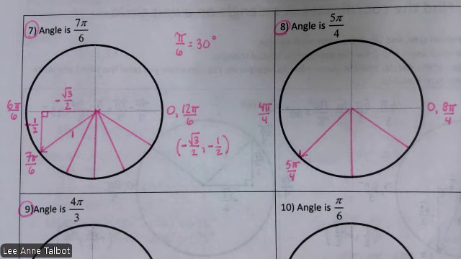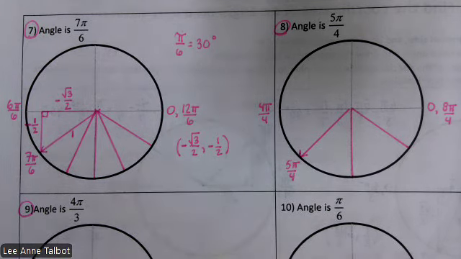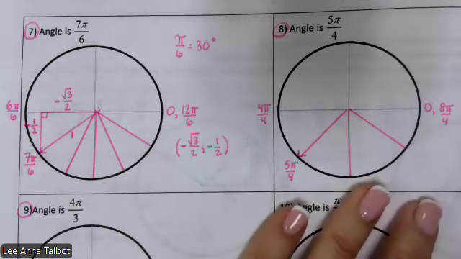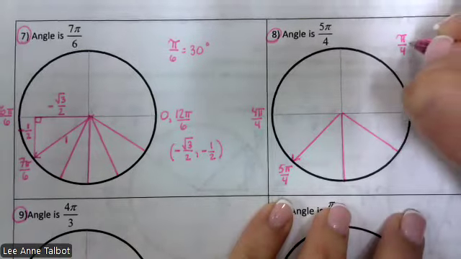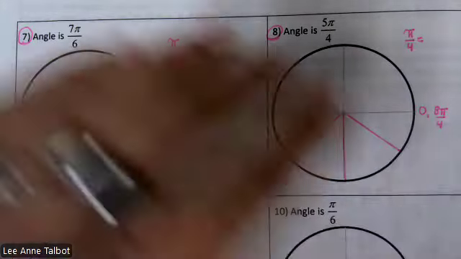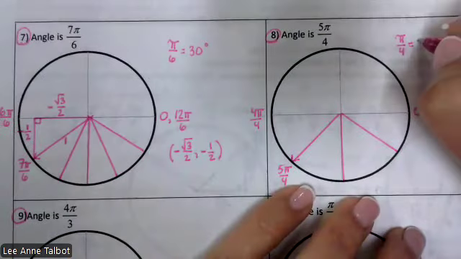Quadrant 3 again. Okay, what's the reference angle? Pi over 4. And what's the degrees of pi over 4? 45.